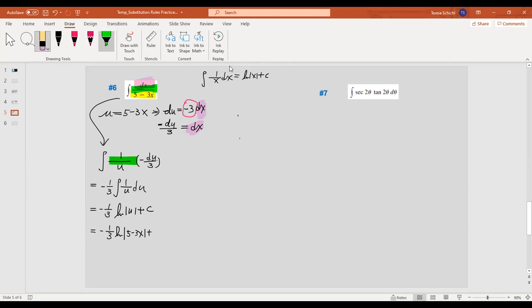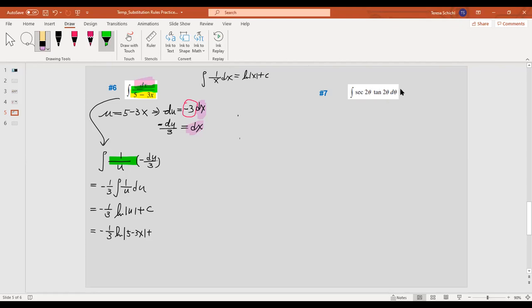So if you treat the secant as your function, what's going to happen here? If the secant is your u, then when you take the du, you're going to get the secant and the tangent, right? The derivative of secant is secant and tangent here. And then you already used the one secant, so you miss a tangent and secant layer.